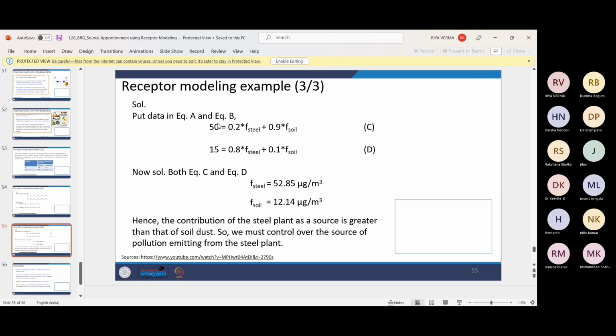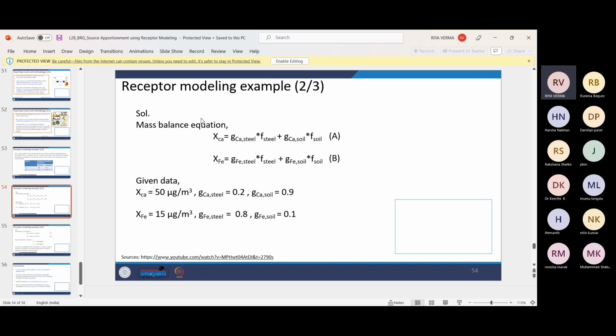Yes, F is your concentration and G is your contribution. So for your XCA, first we multiplied GCA of steel with F of steel, like concentration in steel multiplied by contribution of the steel plant in the emission of calcium.